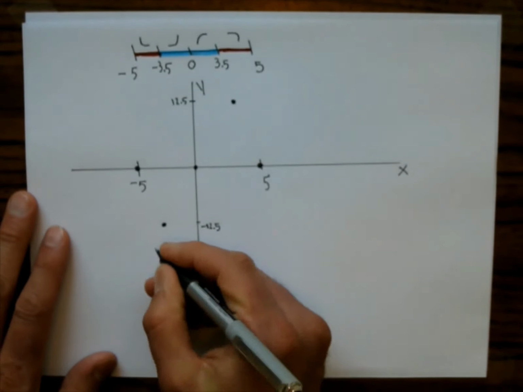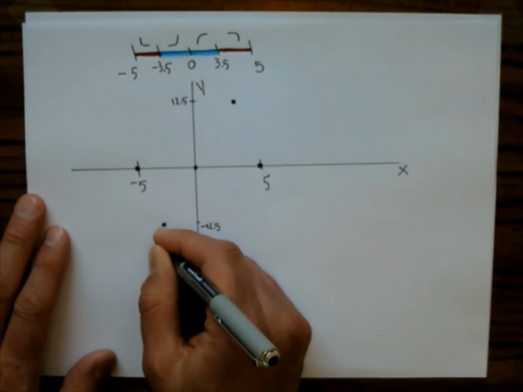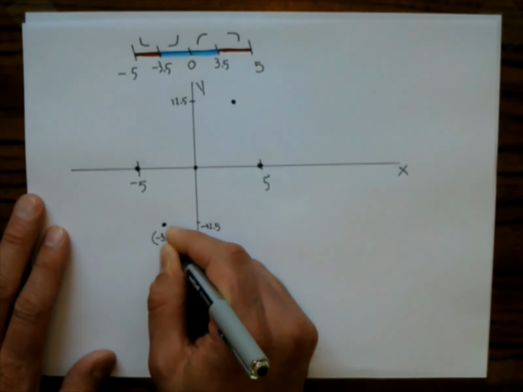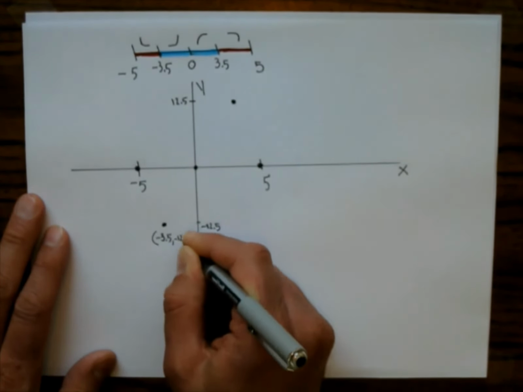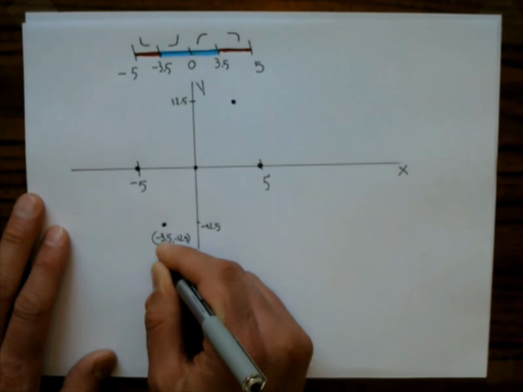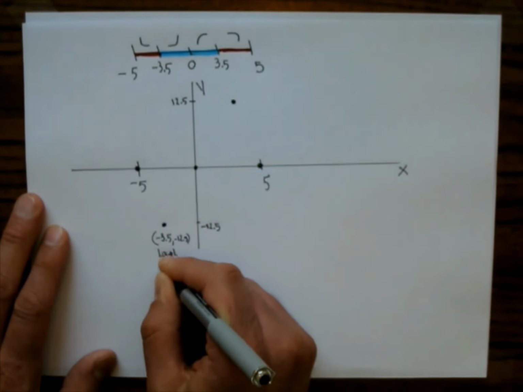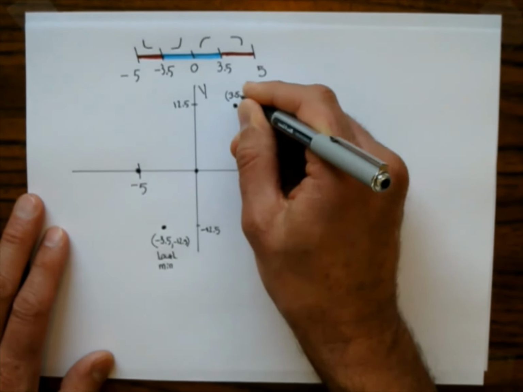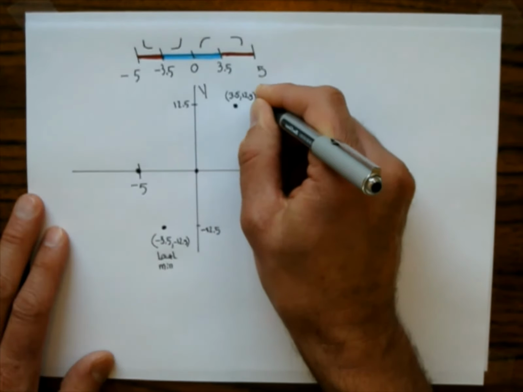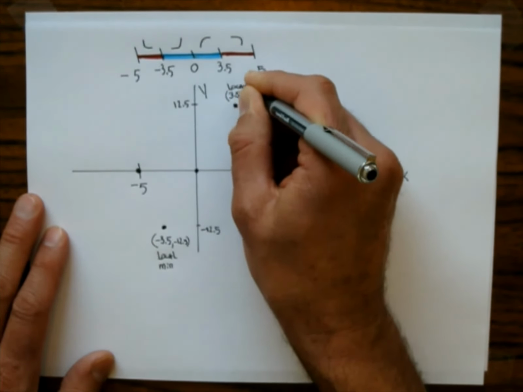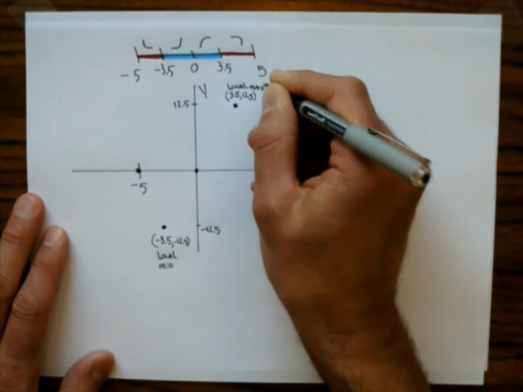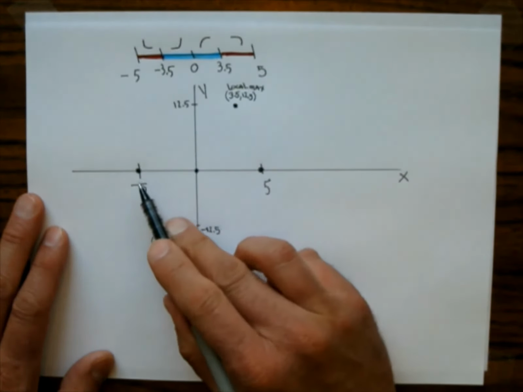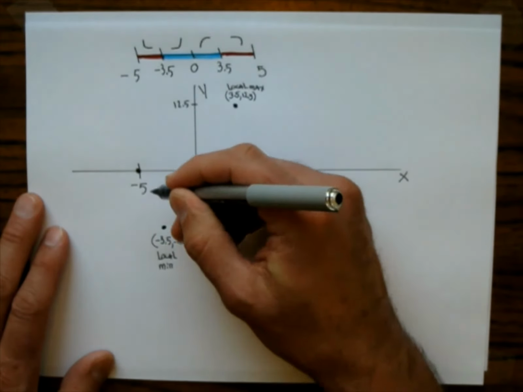Let's label it: this is (negative 3.5, negative 12.5), a local min, and this is (3.5, 12.5), which is a local max. This right here is an inflection point, so it's going to be concave up from negative 5 to 0, and then there's a min, so we're going to go like this.